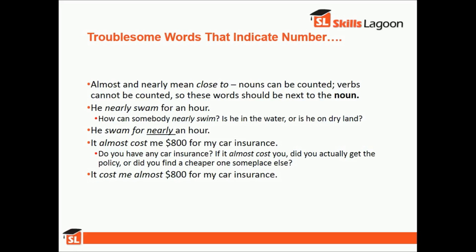Did he nearly swim, or did he swim for nearly an hour? How can somebody nearly swim? Is he in the water or is he on dry land? That's the whole thing about it. He swam for nearly an hour is a correct construct, because that tells us that he swam approximately an hour.